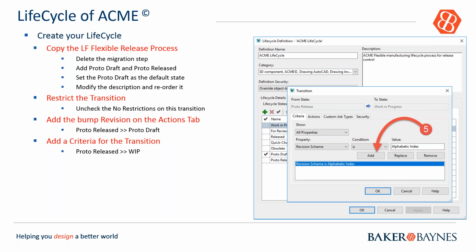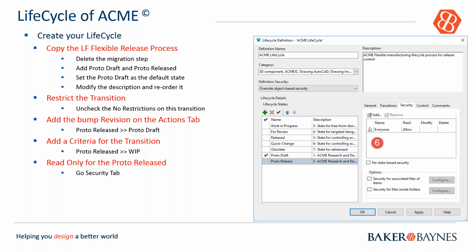So you could say it must obey the alphabetic index of the revision. And then finally is the read only for released. So as you can see there, everyone is allowed to read, no one is allowed to modify or delete. Okay, and your revision scheme that comes in. That's a quick recap of how to create that category and how to create the life cycle for it.